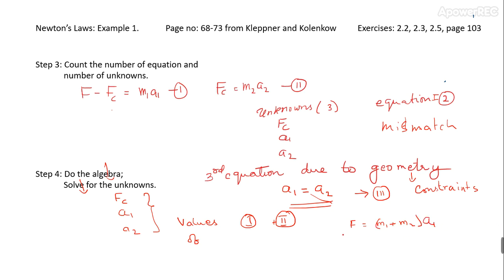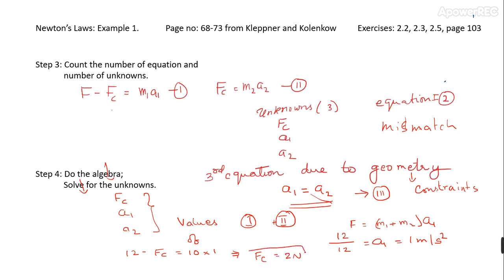Because A1 is equal to A2, so 12 divided by 12 is equal to A1, that is equal to 1 meter per second square. And then we can put this value into equation 1 and write 12 minus FC is equal to 10 into 1, and this means that FC is equal to 2 newtons.